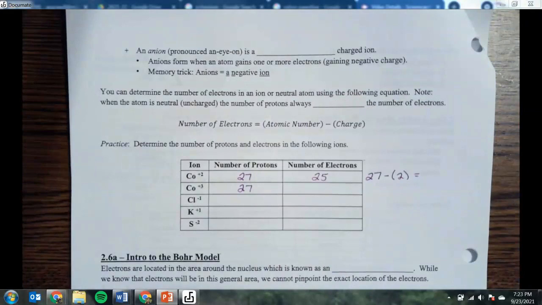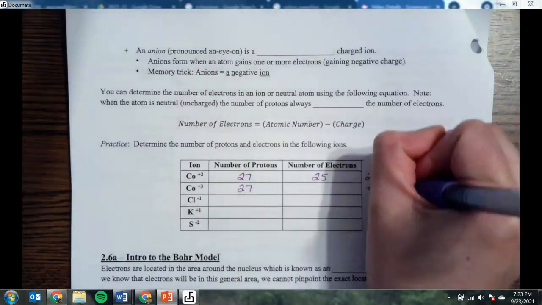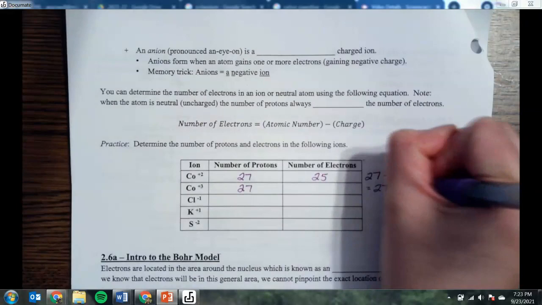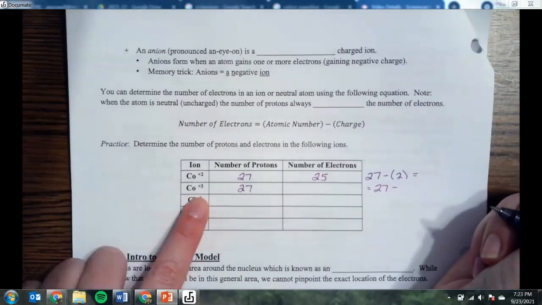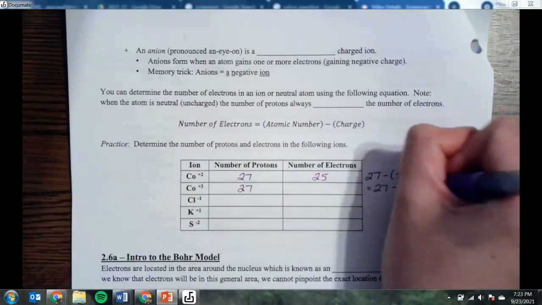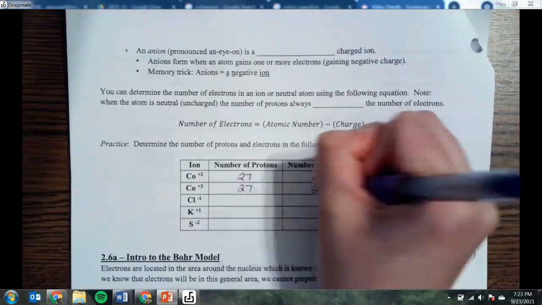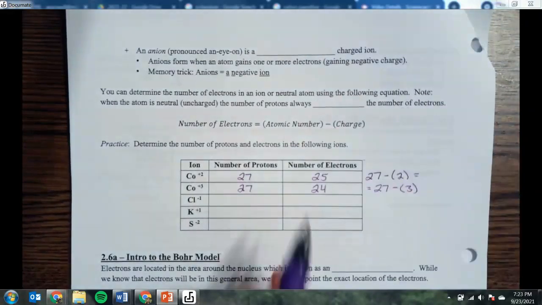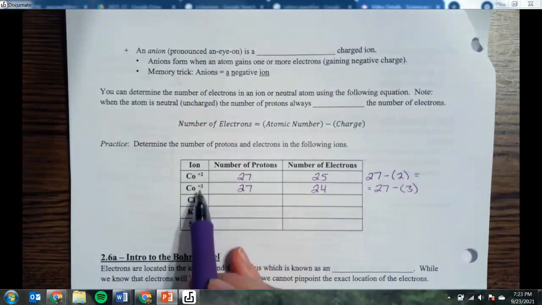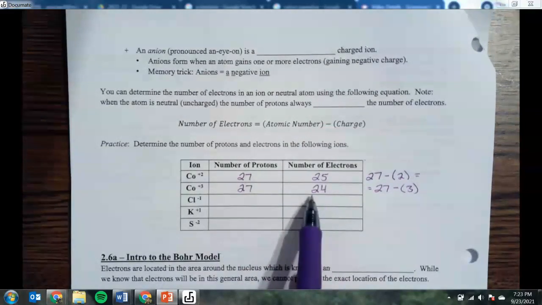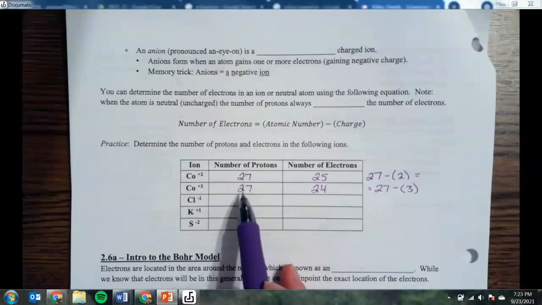For my next one, I'm going to have 27 minus, this time my charge is plus 3. So 27 minus 3, if I put that in my calculator, I get 24 for the number of electrons. So by changing the charge of my ion, I change the number of my electrons, but the proton number always stays the same for that element.